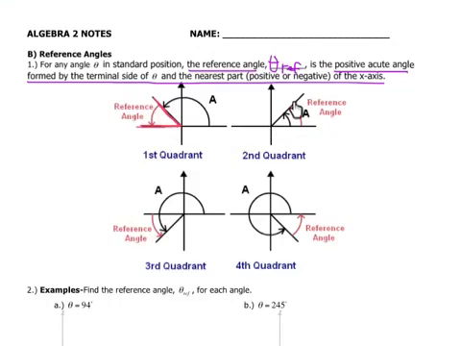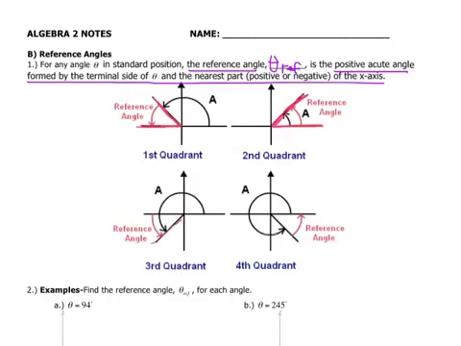In this example, here's your angle theta. Here's my terminal side. The closest part of the x-axis is here. So notice that your angle theta and your reference angle could be the same angle. Here's our angle theta this time. It's that real big obtuse angle.